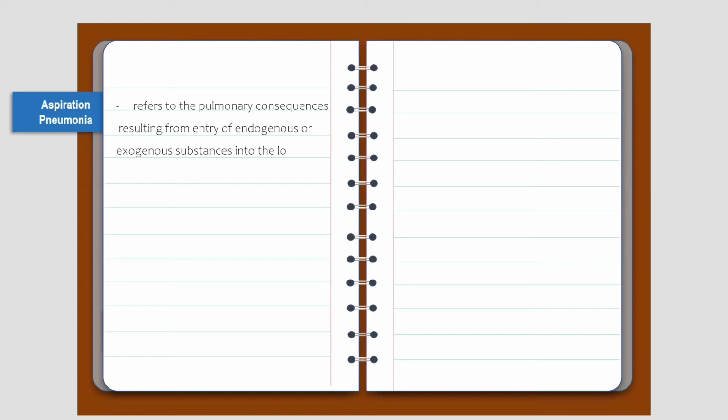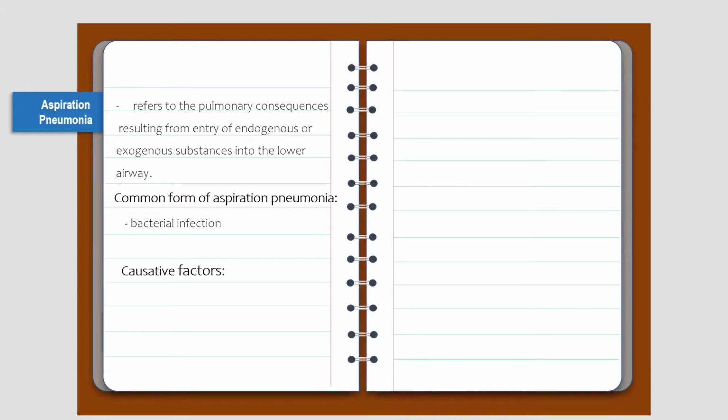For the last one, which is aspiration pneumonia, this refers to the pulmonary consequences resulting from entry of endogenous or exogenous substances into the lower airway. The most common form of aspiration pneumonia is bacterial infection from aspiration of bacteria that normally reside in the upper airways. Aspiration pneumonia may occur in the community and at the same time in the hospital setting.